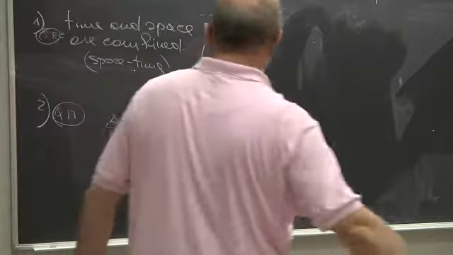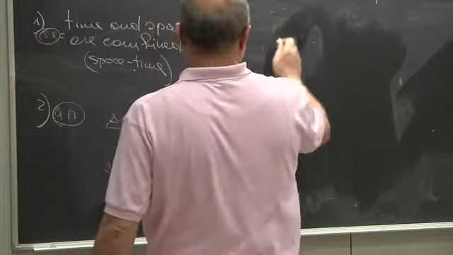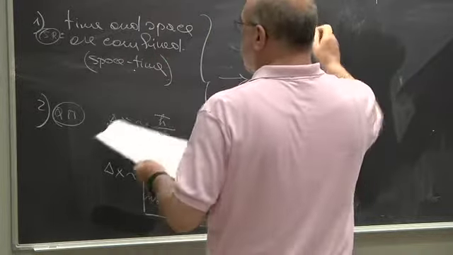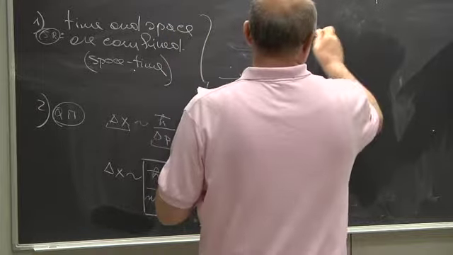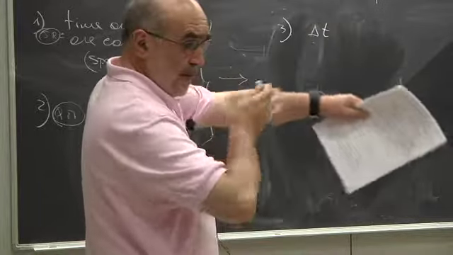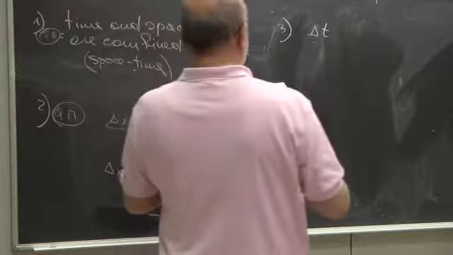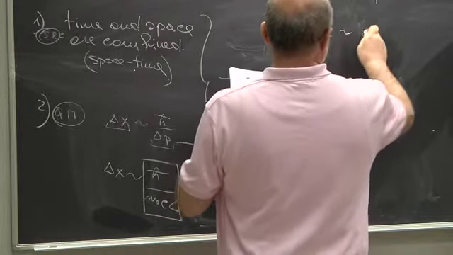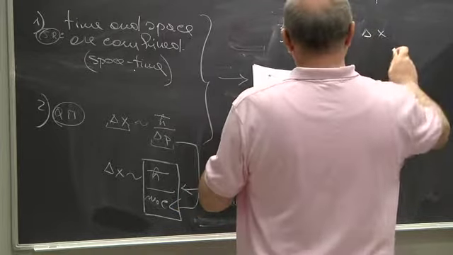Another thing that is important is, as time and space are combined, if I have an uncertainty in X, I have for sure, doing a proper Lorentz transformation, an uncertainty in T. And we know that c delta t has the dimension of delta x.